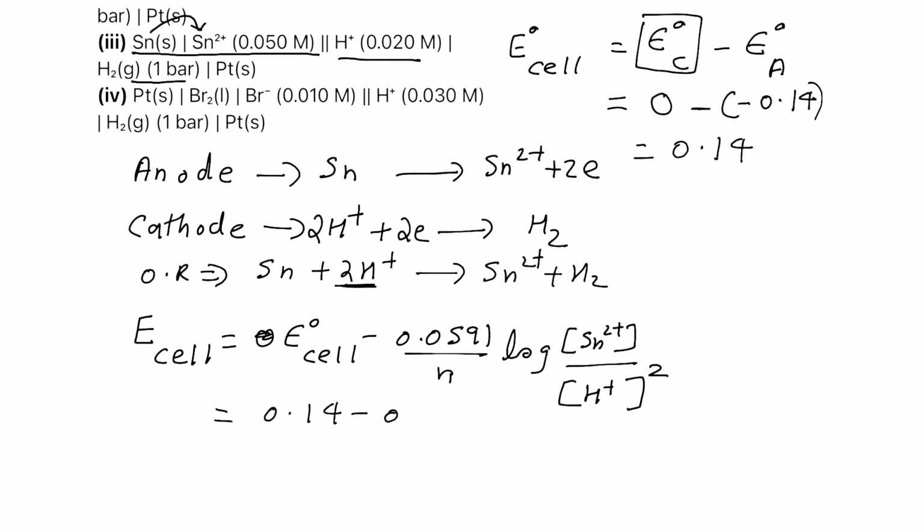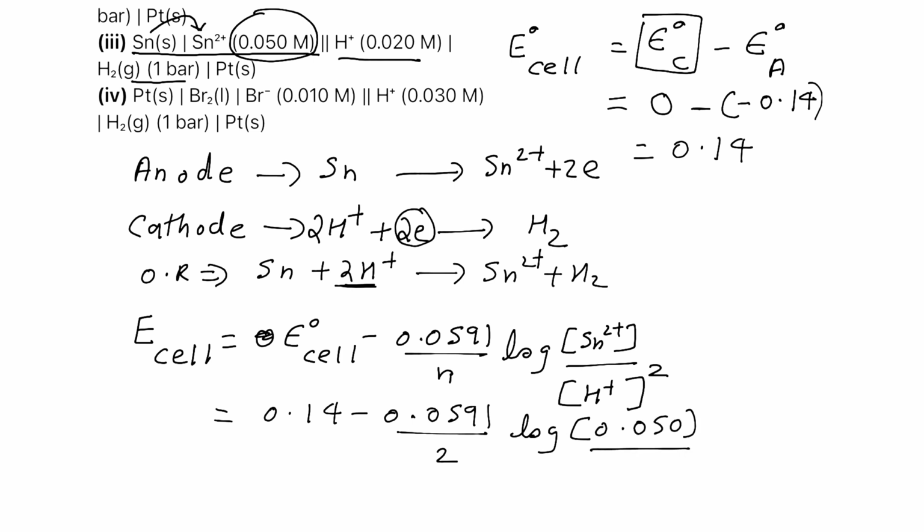0.14 minus 0.0591 by n, n is 2, right? n is 2. It's very clear. Log concentration of tin 2 plus. What is that? See, this is the value, right? 0.050 by. What about H plus concentration? 0.020 whole raised to 2. Clear?